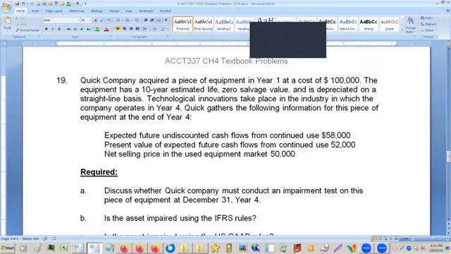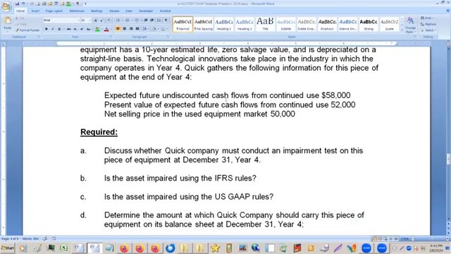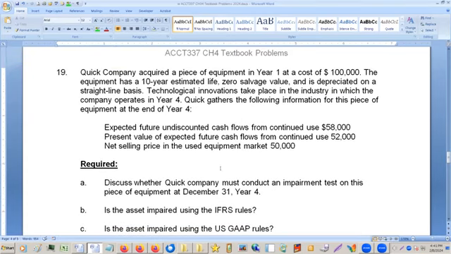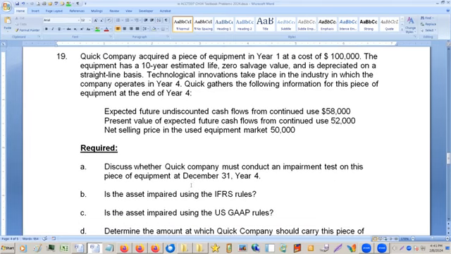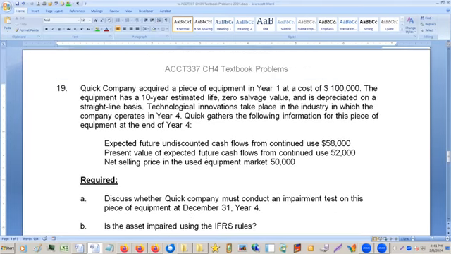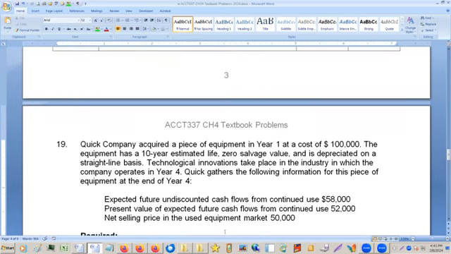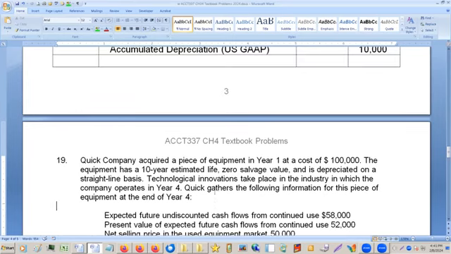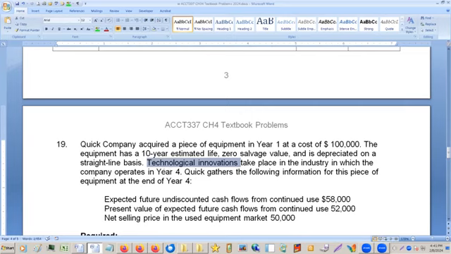Let's see here. We get this piece of equipment. The equipment has a 10-year life, so there's a depreciated basis. Technological innovations have taken place in the industry in which the company operates in year 4.